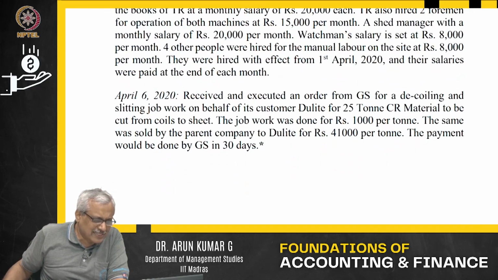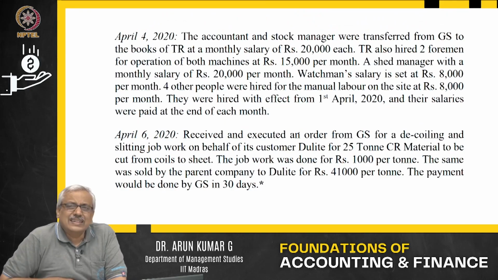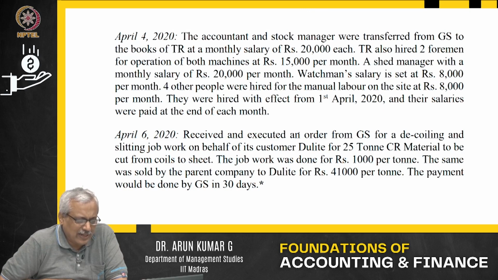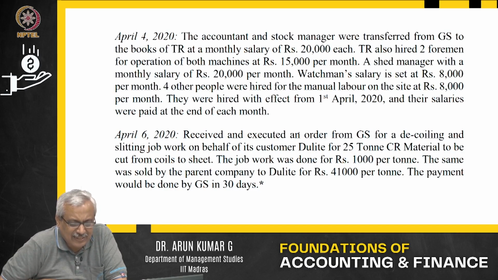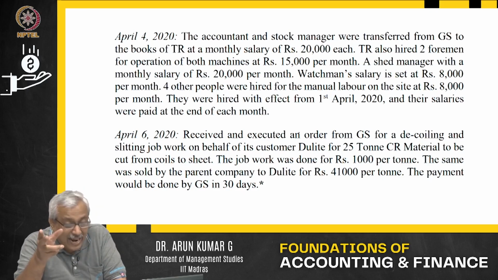Let us go to the 6th of April out here. Received and executed an order from GS for a decoiling and slitting job work on behalf of its customer Dulite for 25-ton CR material to be cut from coils to sheet. It's a long sentence, don't worry about it. Received and executed, you have received the order. If you only received the order, it is only a contract, nothing.